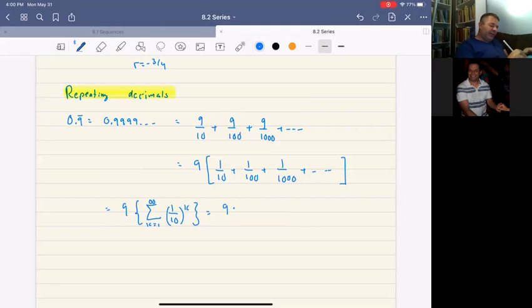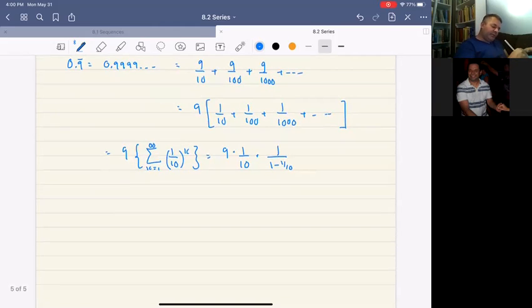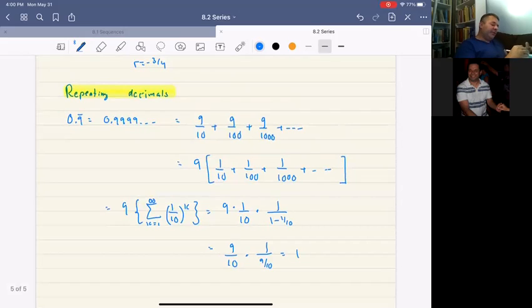So 9 times 1/10, that's the first term, times 1 over 1 minus 1/10. So 9 over 10 times 1 over 9 over 10 is 1. So 0.9999 repeating is equal to 1, formally.